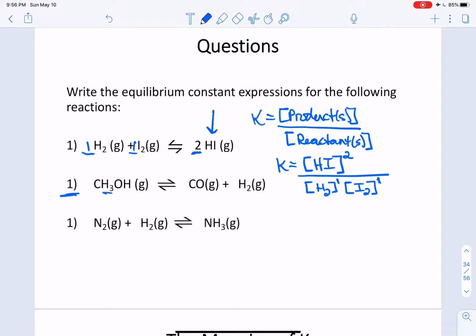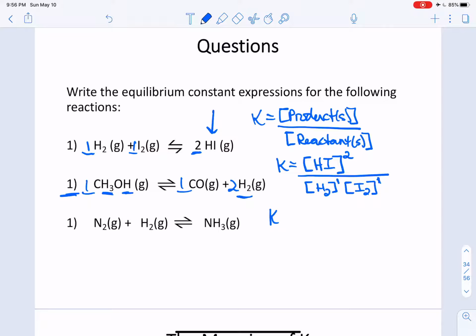And on this side, you've got 4 hydrogens, and on this side, you've only got 2 hydrogens. And on the product side, the hydrogens come in pairs. So how many H2s do I need for 4 individual hydrogens? I need 2 of those.